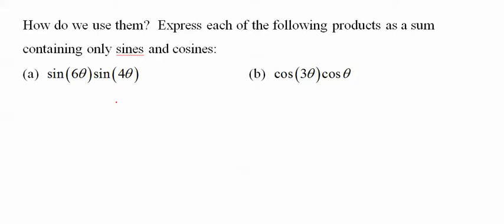So the first formula up above says that sine of 6 theta, sine of 4 theta, actually I'm not going to write this again, equals 1/2 cosine of 6 theta minus 4 theta minus cosine of 6 theta plus 4 theta.